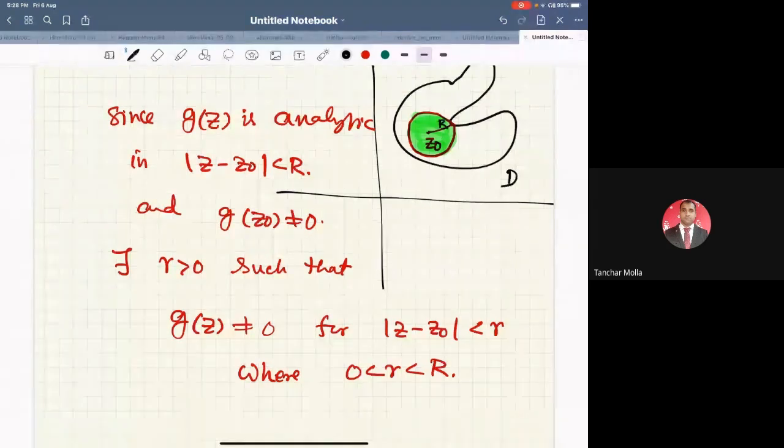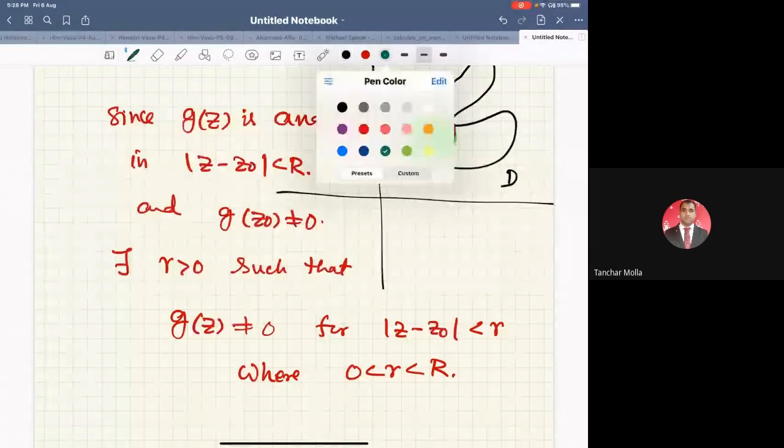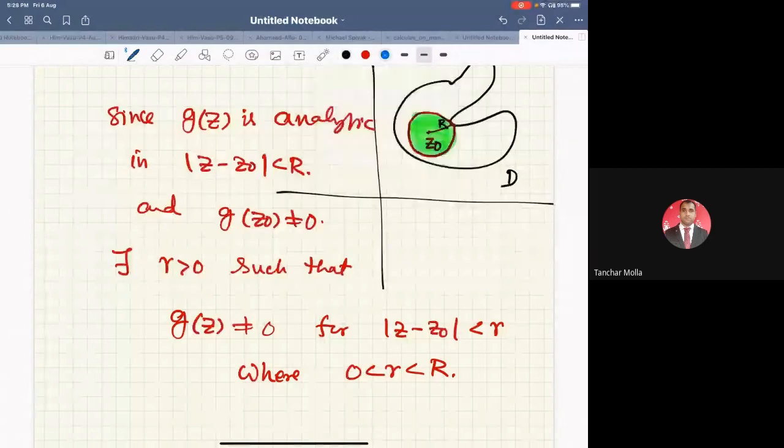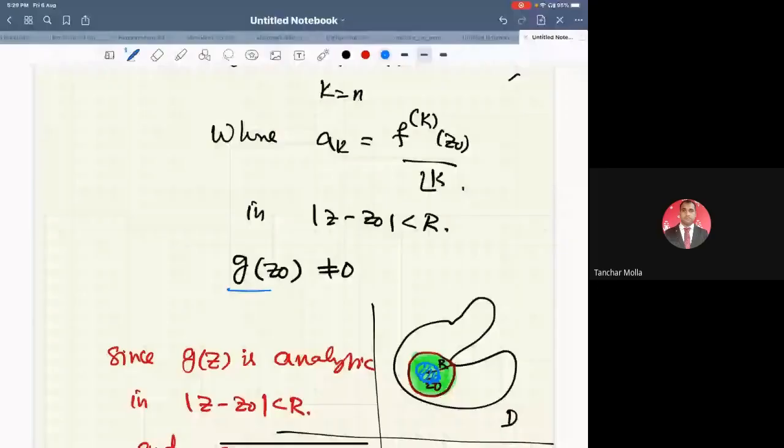I can always find a small neighborhood around this z naught in which my g is non-zero. In other words, your g is an analytic function, in particular a continuous function, and g of z naught is not equal to 0.